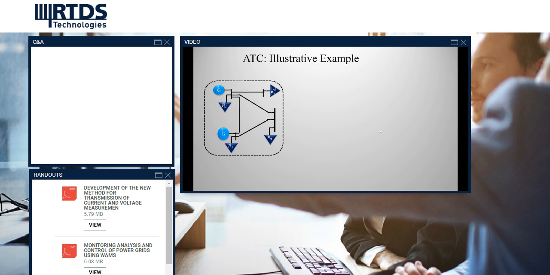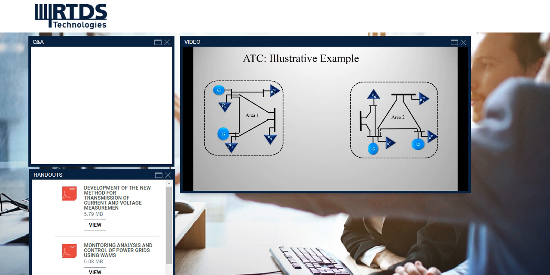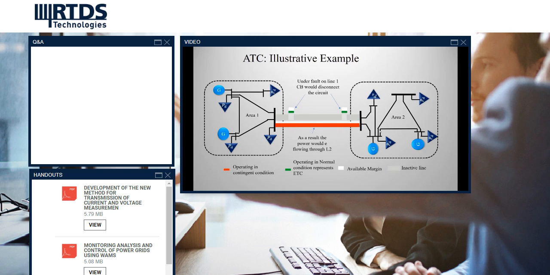Again, here we have illustrated the significance through the consideration of two different areas, area 1 and area 2, connected through two tie lines. Now here, if there is a fault on tie line 1, then the power would be forced to flow through line 2, which would again affect the transmission capability of the system.